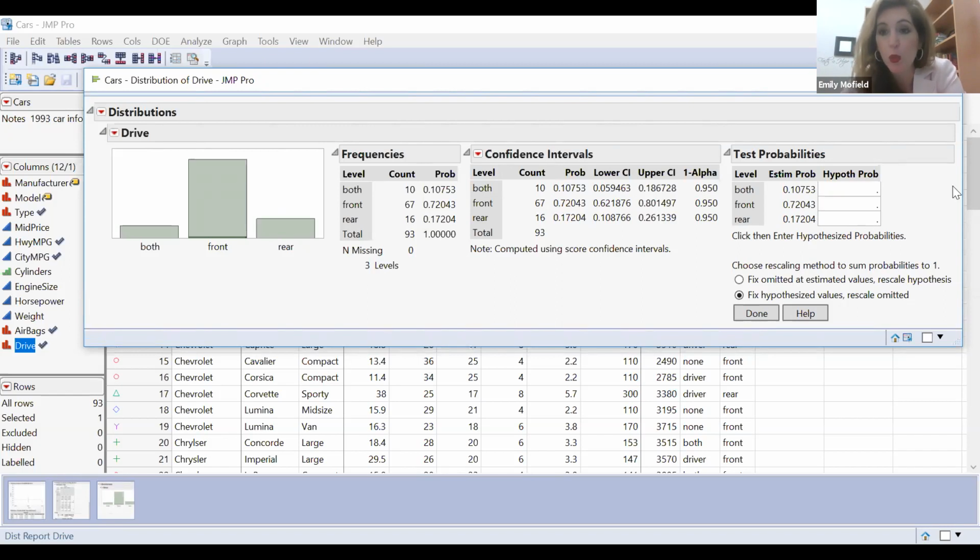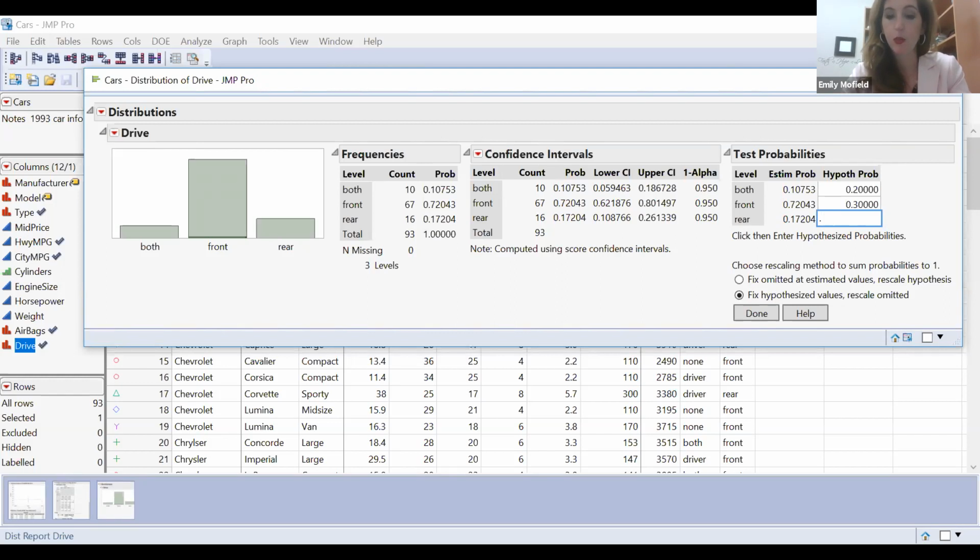And so that's what I would actually enter in here. So if I looked up in the literature that 20% of cars are both, and that 30% of cars are front wheel, and what does that leave? 50% are rear wheel, then those are the proportions that I would enter, okay?